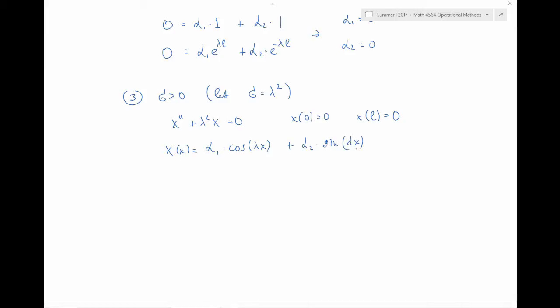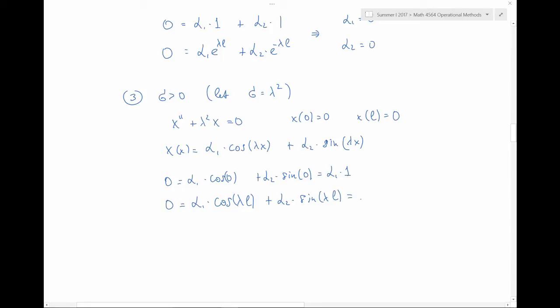Plugging in the boundary conditions will get us that 0 should be alpha 1 times cosine of 0 plus alpha 2 times sine of 0, which basically means that alpha 1 has to be 0. Plugging in x equals L will give us that alpha 1 times cosine of lambda L plus alpha 2 times sine of lambda L should be 0.